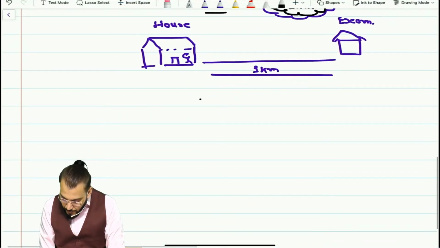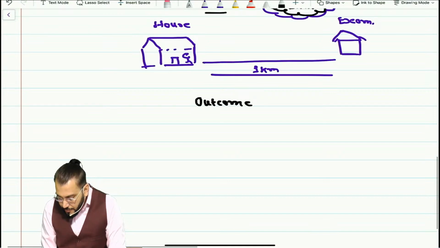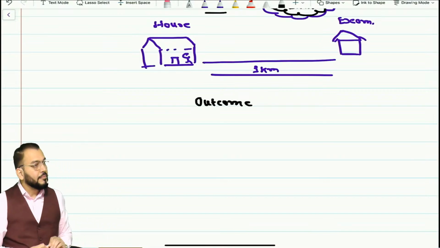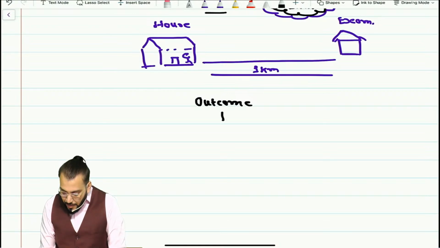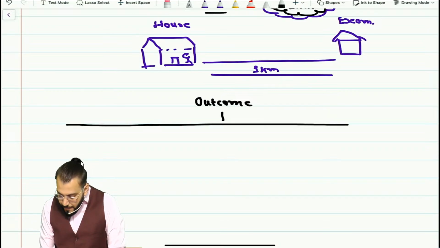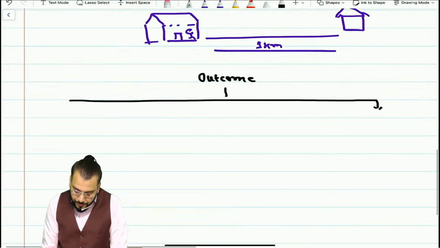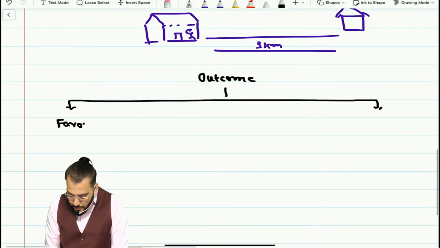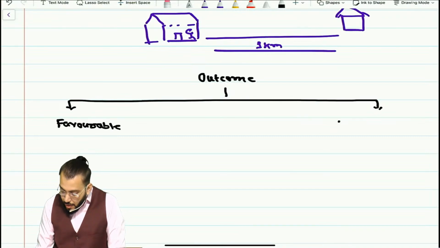Now if I explore this definition once again, we are discussing about the outcome. We have understood this outcome may be favorable or unfavorable.